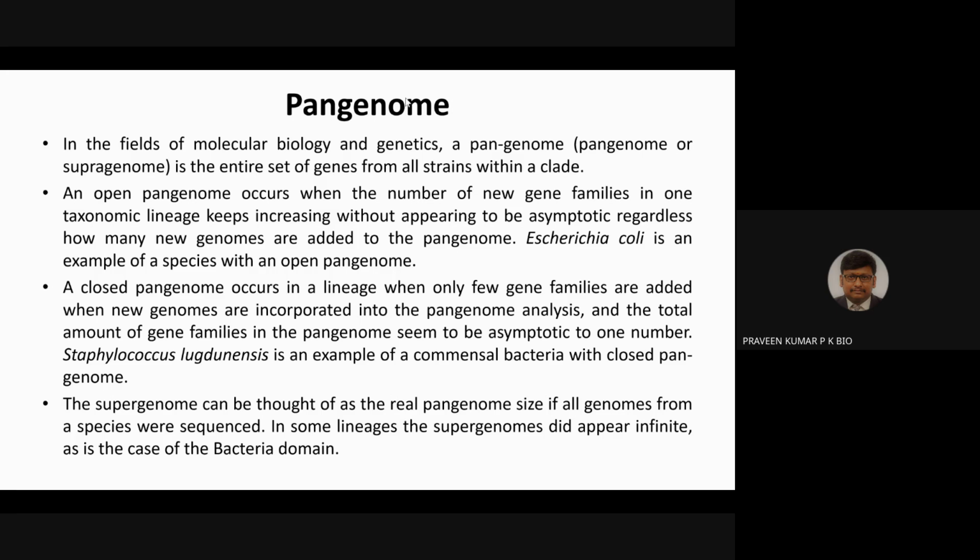From Indian American they might have taken only one genome, and African American only one genome. Likewise, they've taken 47 genomes to get a human pangenome. So what is the purpose actually? The purpose of constructing a pangenome is to focus on the most common diseases and even rare diseases specific to the region.